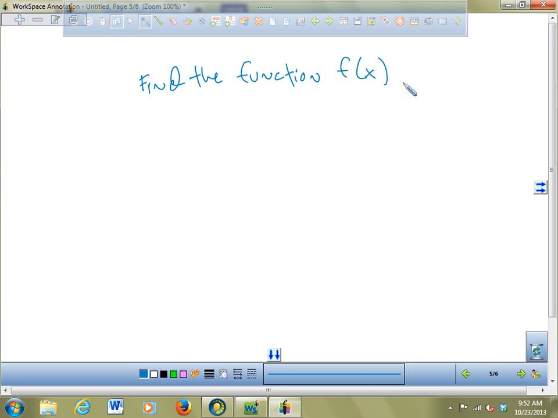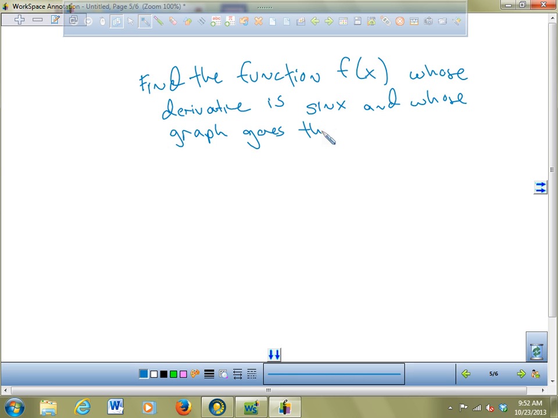Find the function f of x whose derivative is sine of x, and whose graph goes through 0, 2.